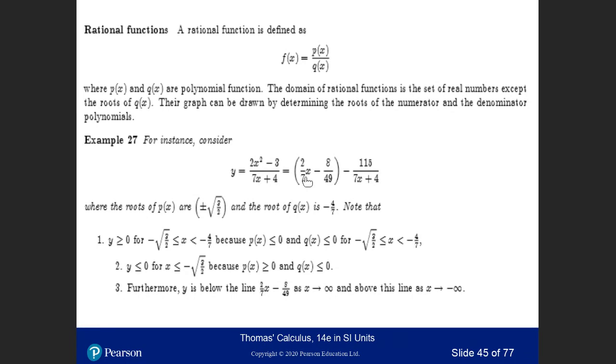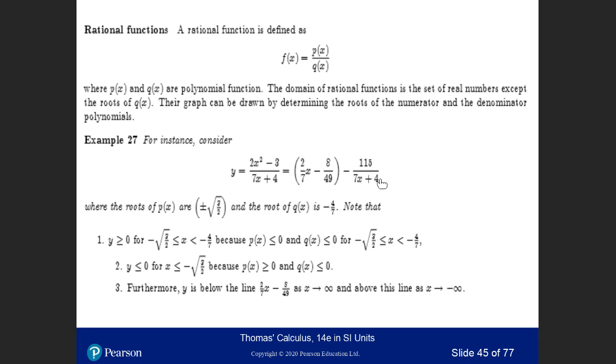When you divide 2x squared minus 3 by 7x plus 4, you get this as the result of division, and that's the remainder. Okay, that's a line. That's a line. And that's the remainder.